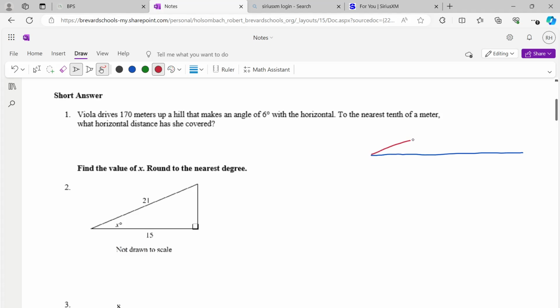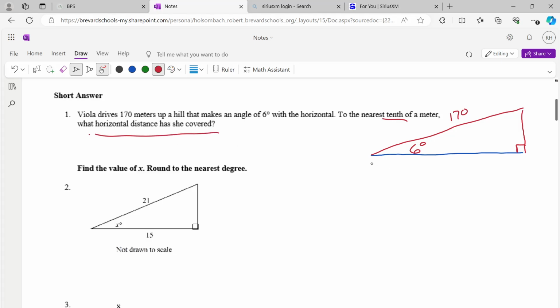Here's going up the hill. We close this off to form a right triangle. She's driving up a hill that makes a 6 degree angle with the horizontal, and she drives 170 meters up the hill. To the nearest tenth, what is the horizontal distance covered?